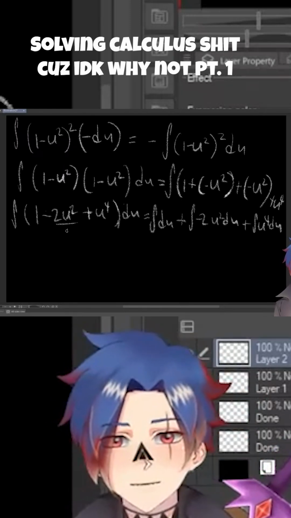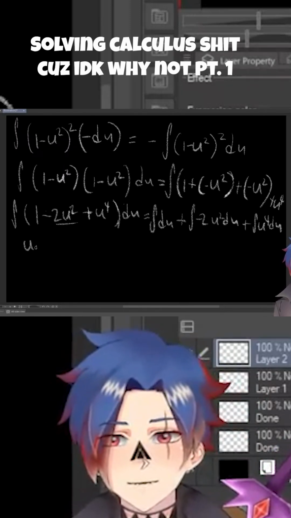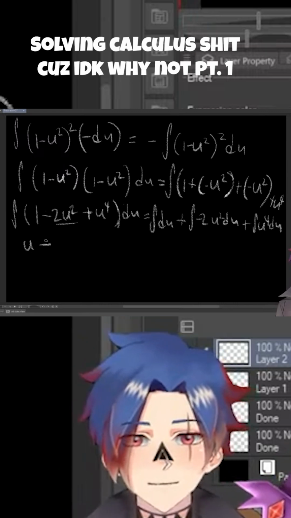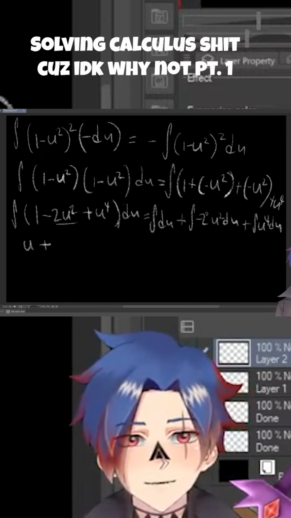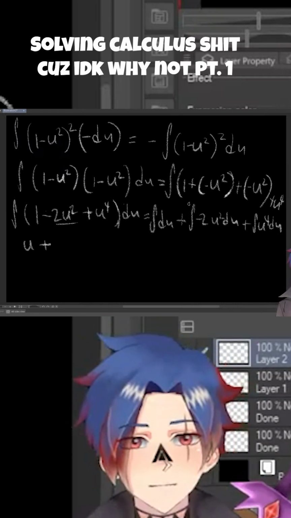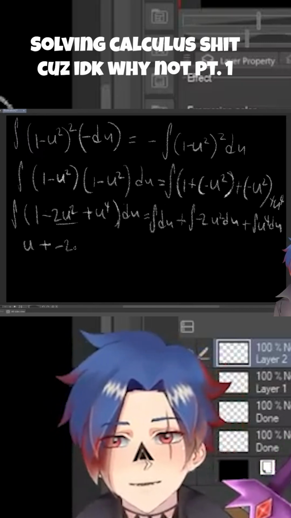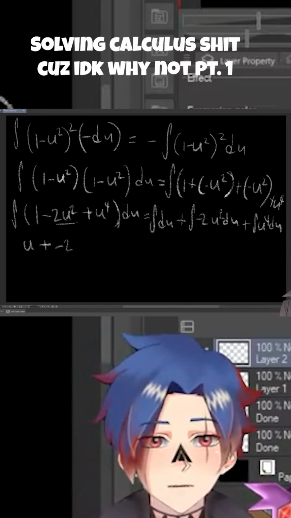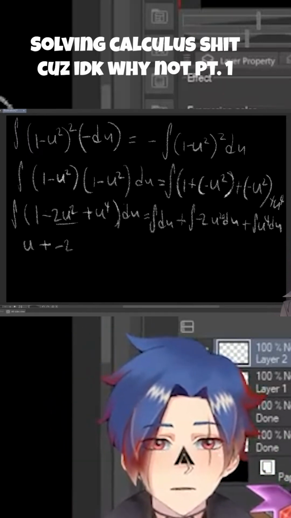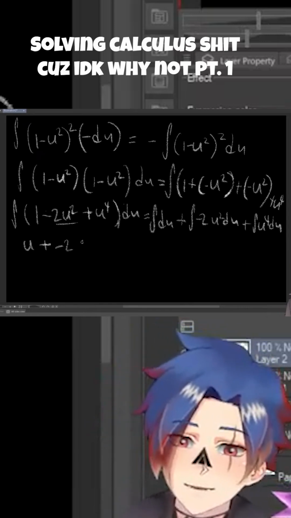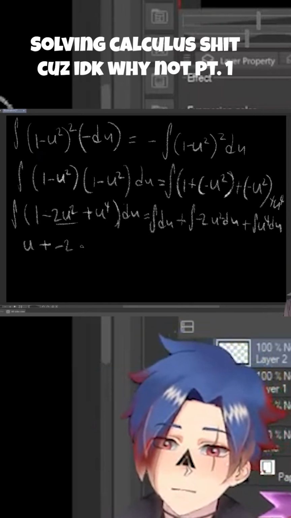So the integration of du is u. Every constant we can move out, so move out the 2, then process u squared du.